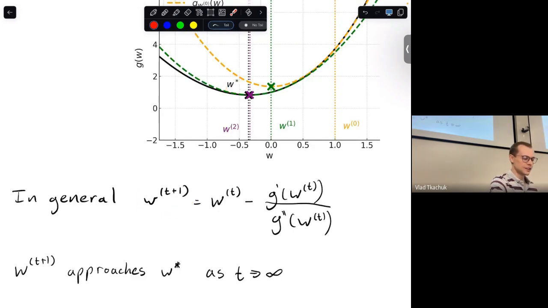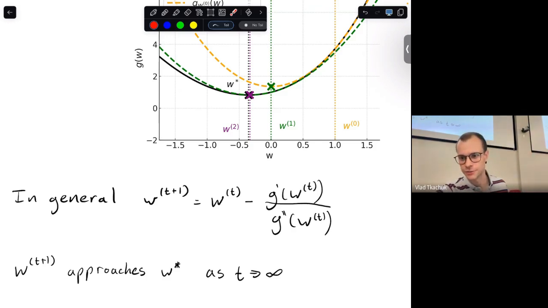W star is the point on the axis, not the value of the function. The value of the function would be g of W star, maybe that's the confusion. We're always talking about the actual inputs to the function. We're trying to find the input to the function that gives the minimum value of the function. So W star is the input to g that gives you the minimum of the actual function output.